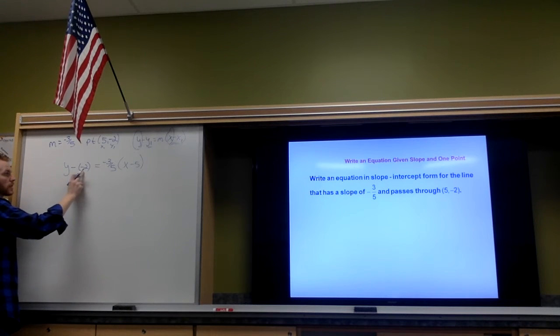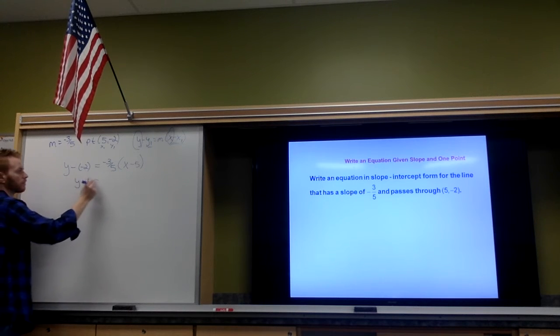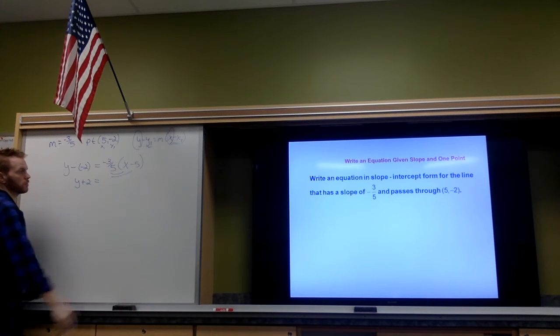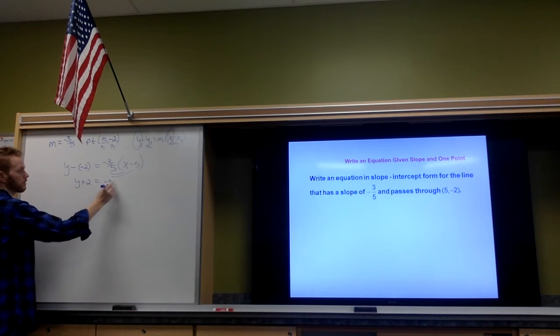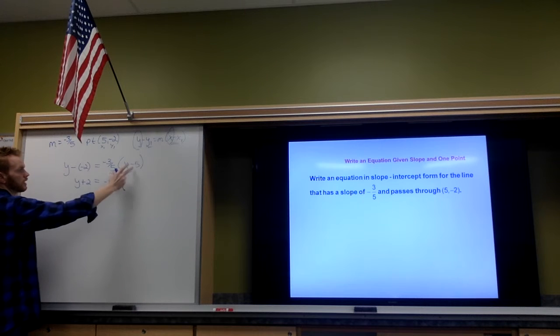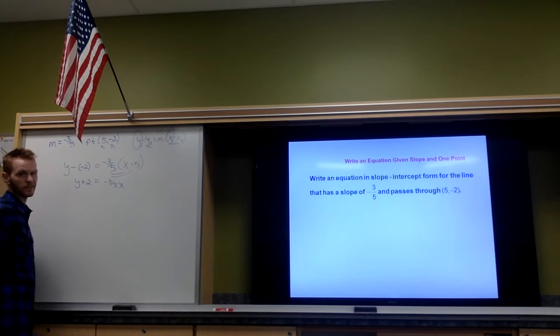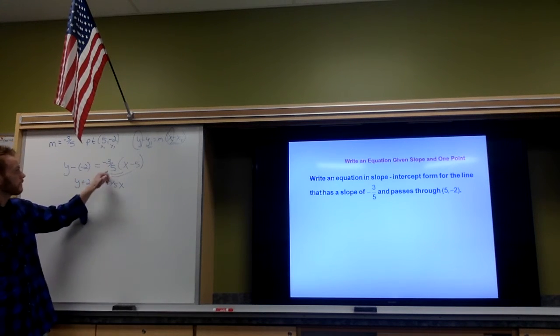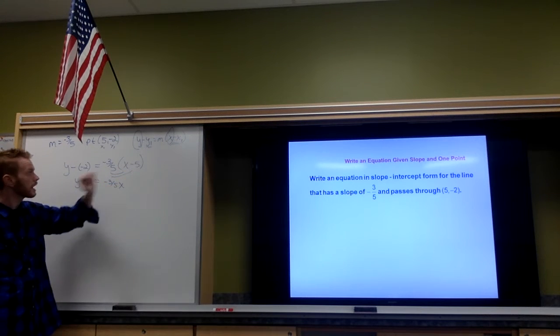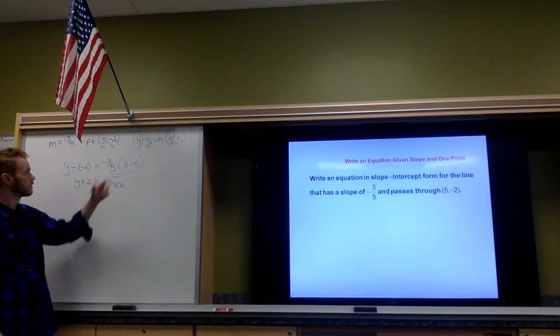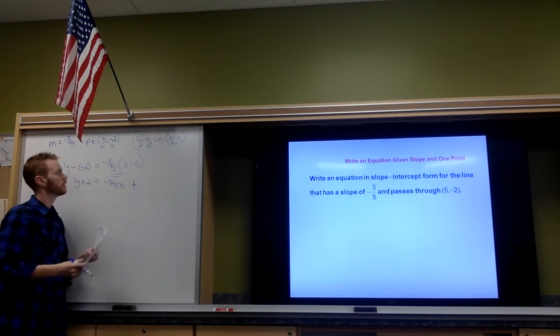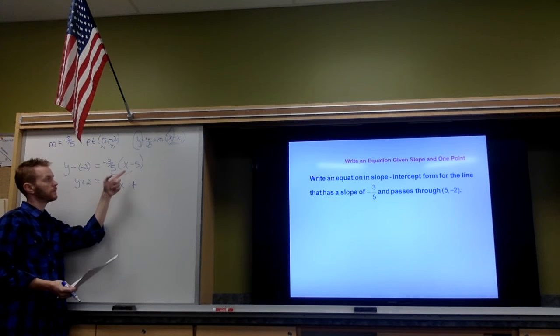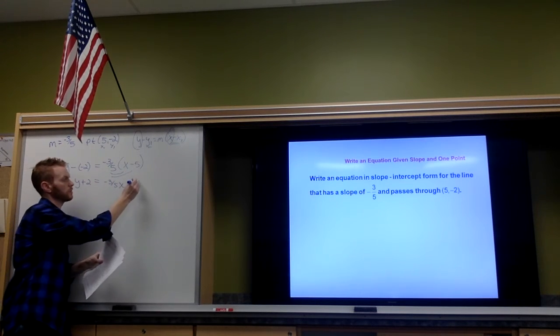This is a plus sign because we're subtracting a negative. Over here, I'm going to distribute a little bit. So -3/5 x. Now here, we could reduce at the same time. -3/5 times -5, negatives make it a positive, right? 3 times 5 is 15, 15 divided by 3 gives me 3.